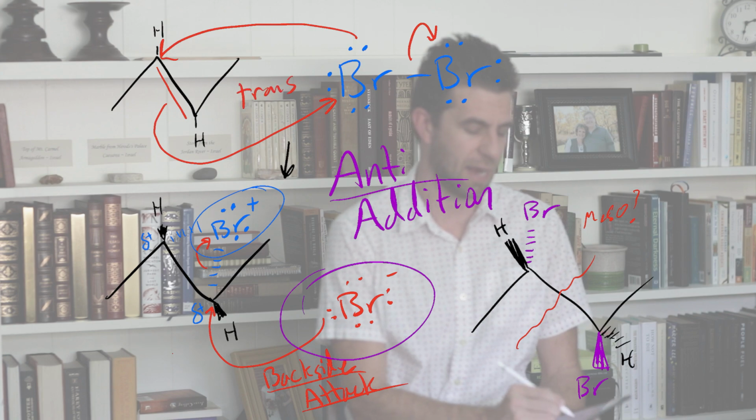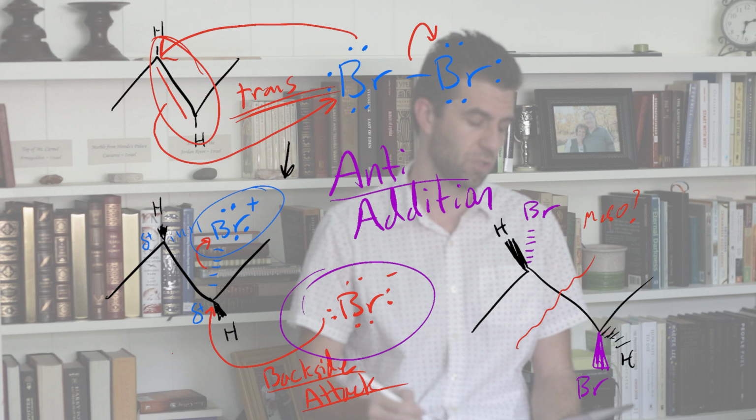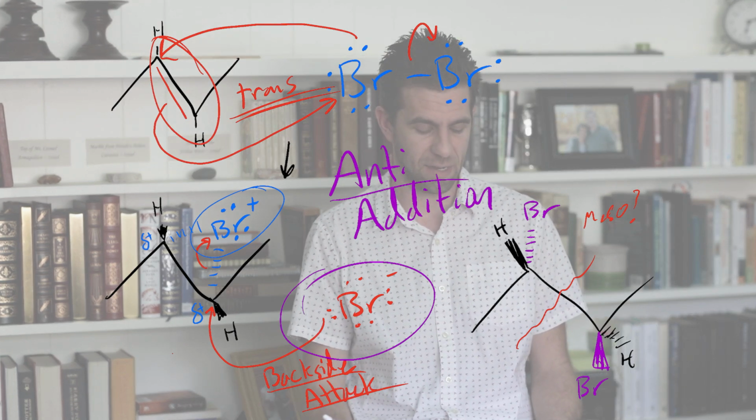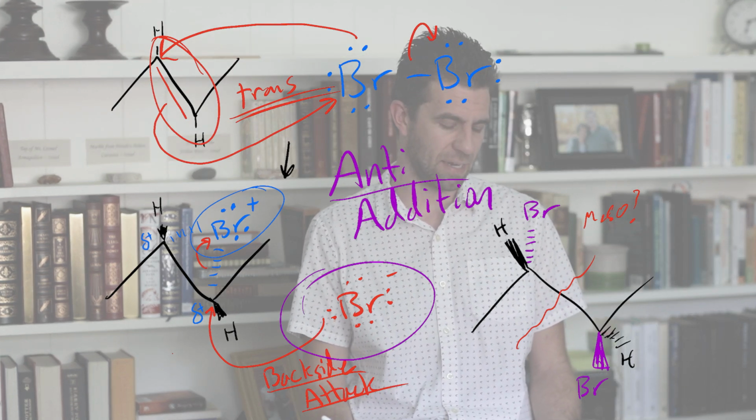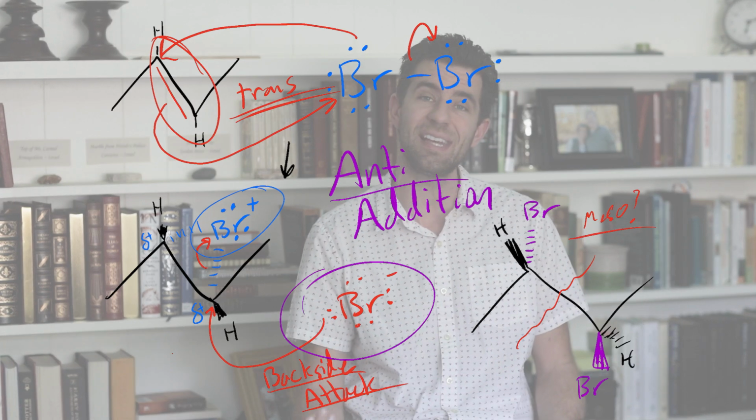Here we had a trans alkene. Would that trans alkene produce a meso compound? What if that alkene was cis? Would that change any of this? I'll let you draw out the reaction and answer those questions. I'll give you a hint. Either cis or trans, one of them will make a meso compound. The other will not. So it's something to bear in mind here.